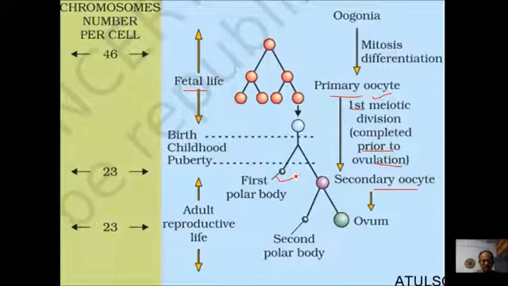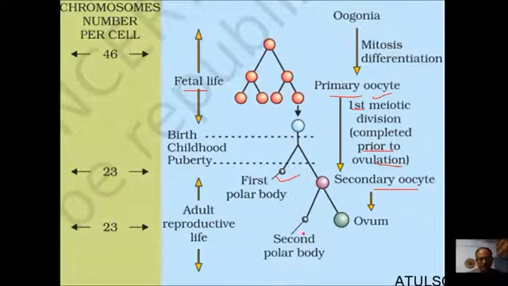The first polar body is smaller in size because the secondary oocyte will carry all the cytoplasm to preserve it, because the ovum has to perform a very essential task. That could be the reason for the small size of the first polar body.